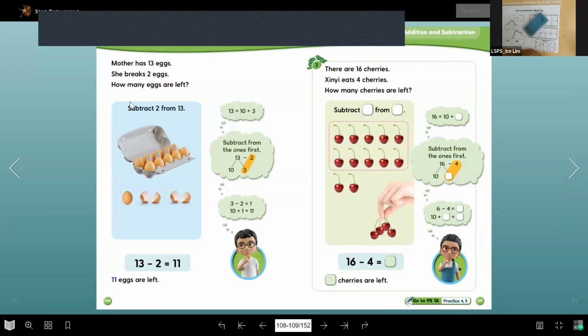Can you see in the egg story and the cherry story, what is the method that is asking us to learn today? Look at your textbook now, page 100 and 101. Can you see where is the method that is suggested for us to try?